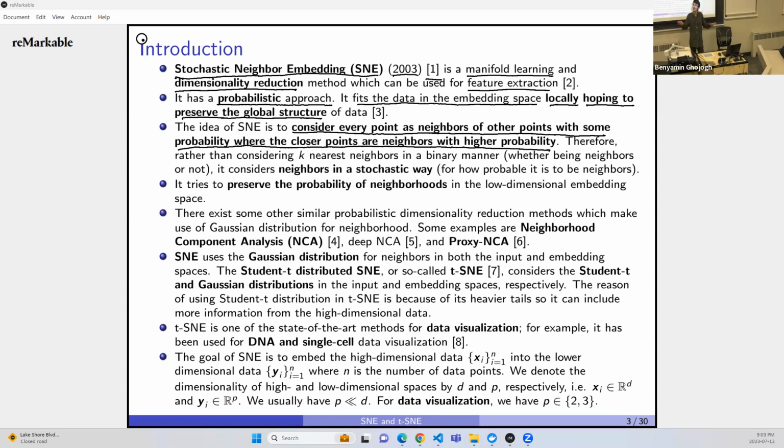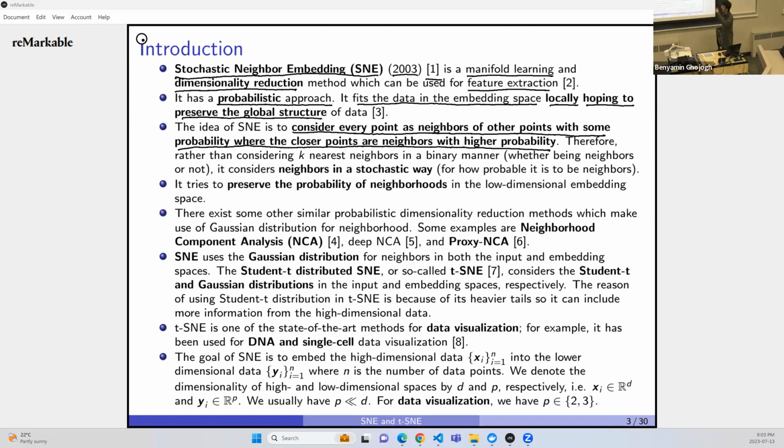How do I model this score? I model it probabilistically. I assume I'm a data point, and around me is a Gaussian distribution whose mean is me. So every point has a Gaussian distribution whose mean is itself. Of course, if a point is closer, its probability is high, but the farther you go from that data point, the lower the probability.